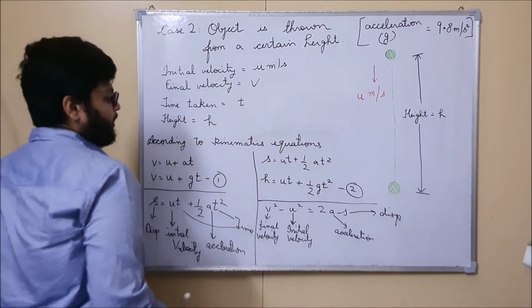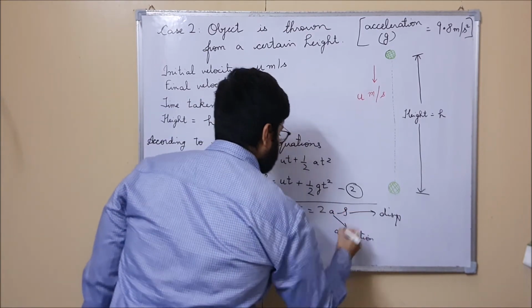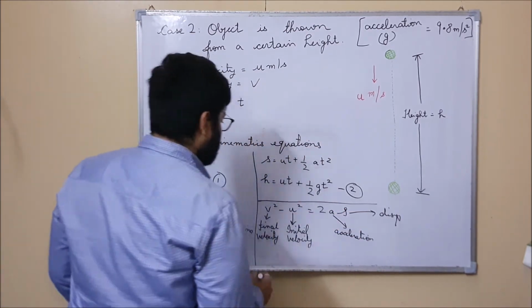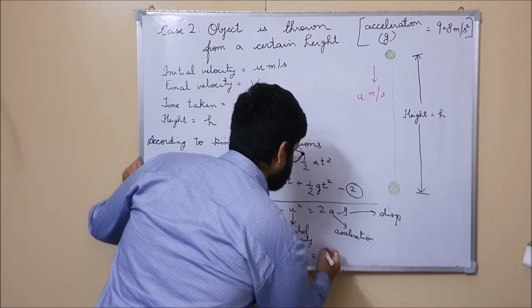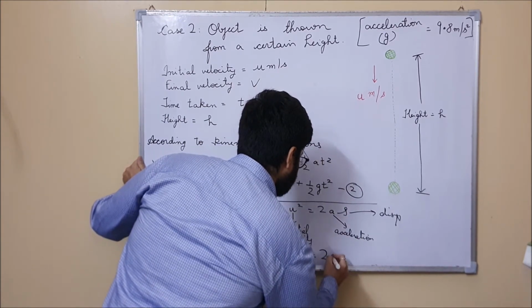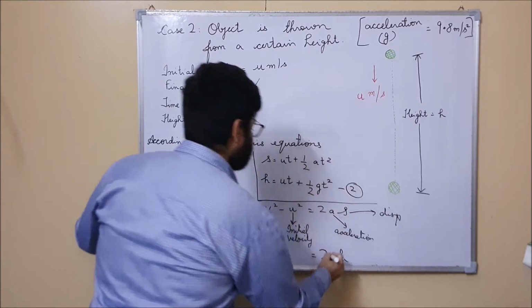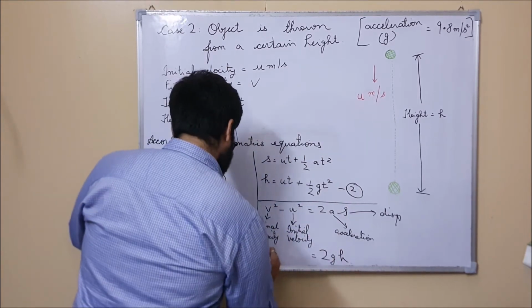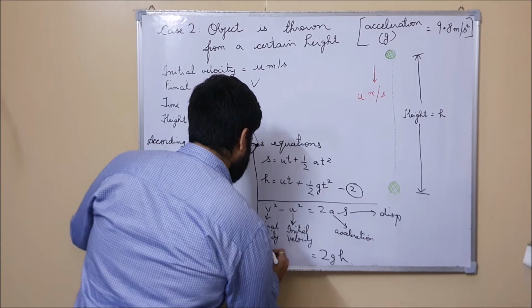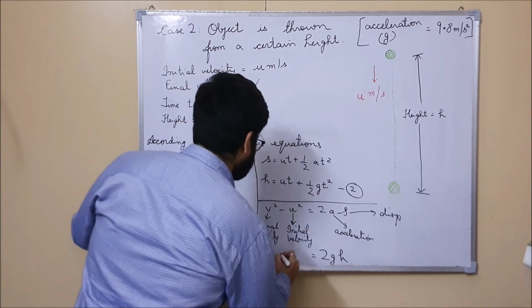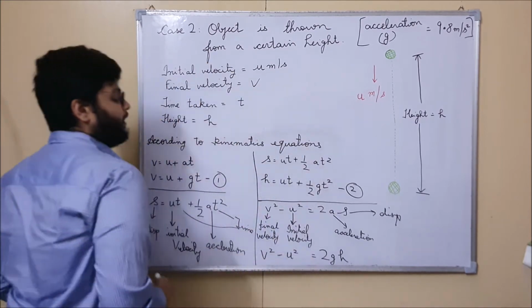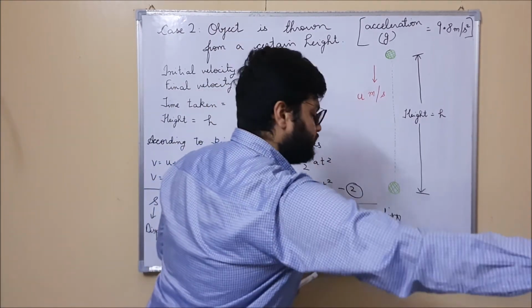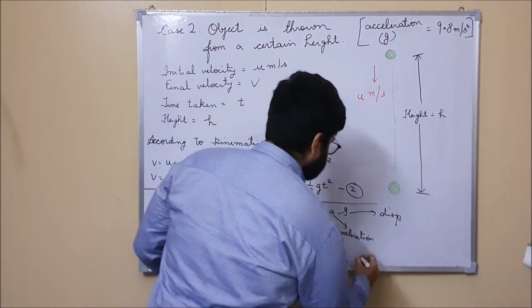So v square minus u square is equals to 2as. Now displacement will be h, acceleration will be g, v square will be our final velocity, and u will be our initial velocity. So this is our equation number 3.